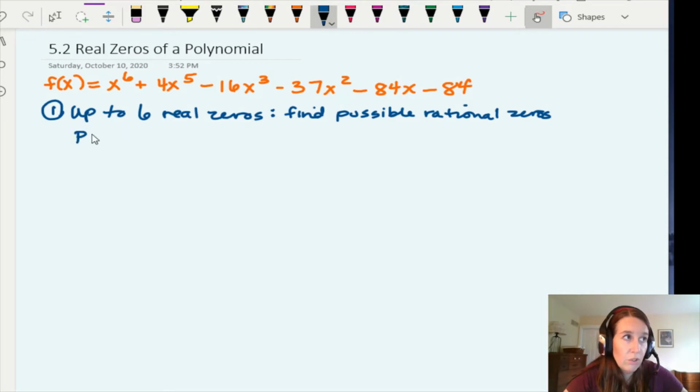Okay, so first of all, the p, that is all the factors of 84, plus and minus 84. So that's plus or minus 1, definitely plus or minus 2. I think I've written them all down because you can just use your calculator and take 84 and see which numbers it divides by.